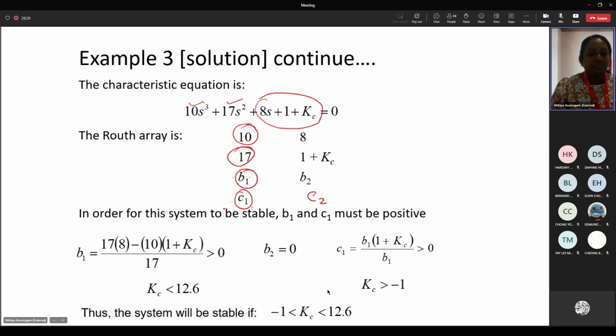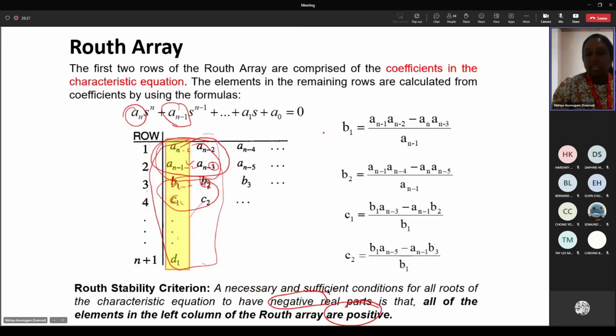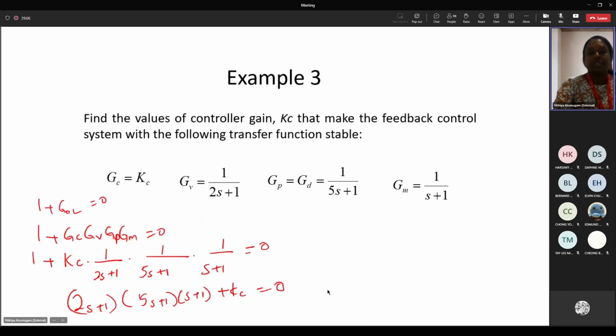So how do we calculate B1? We have a formula from earlier: the multiplication of a_{n-1} and a_{n-2}, minus the multiplication of the other pair, over a_{n-1}.